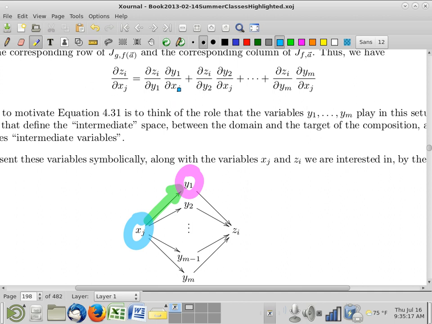So xj causes a y1 change, and that partial derivative is the factor that relates those changes. And then the y1 change is going to cause, in red, I guess, a zi change, and that factor is that partial derivative.